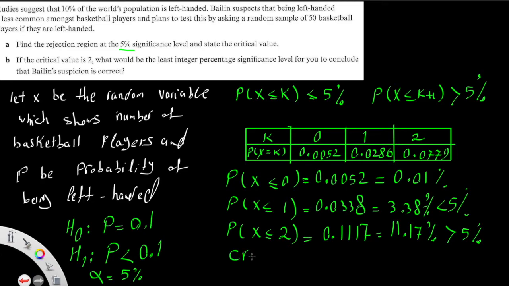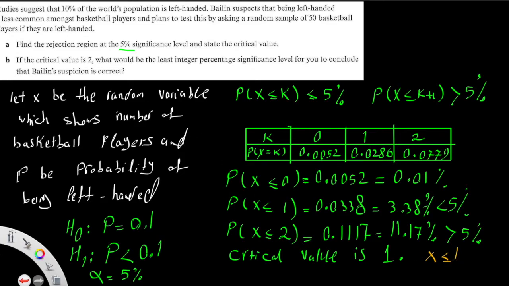So critical value is now 1. And the rejection region is actually x less or equal to 1.